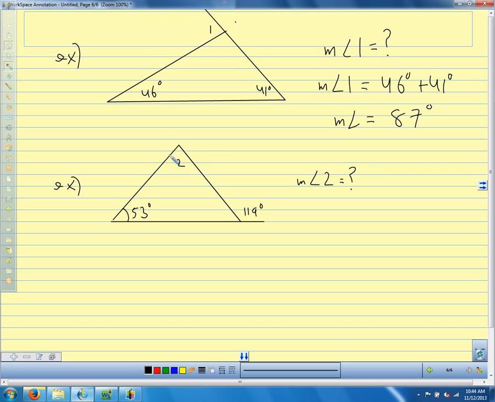If we remember the exterior angle theorem, we know that the measure of angle 2 plus 53 has to equal 119 degrees.